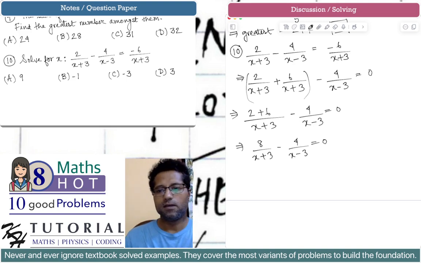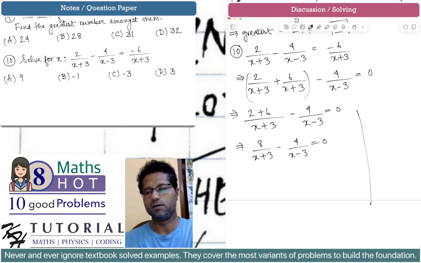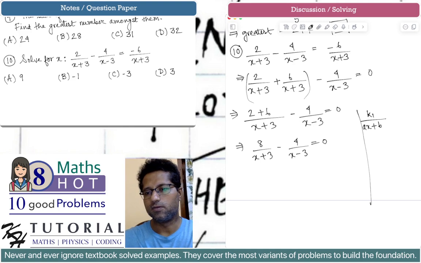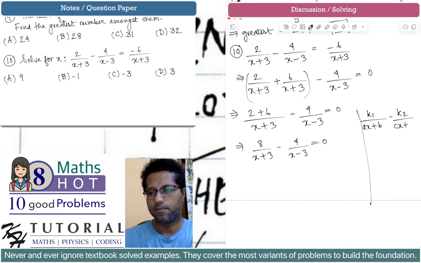One way is that whenever you are solving an equation and you get this form, let's say some constant k1, and ax plus b, where a and b are also constants, and minus k2, another constant, divided by cx plus d, where c and d are also constants, equals 0.